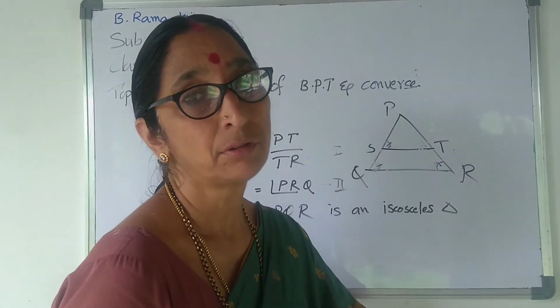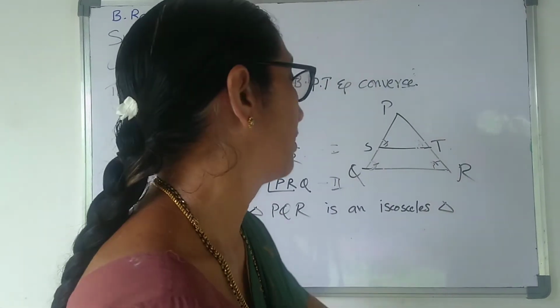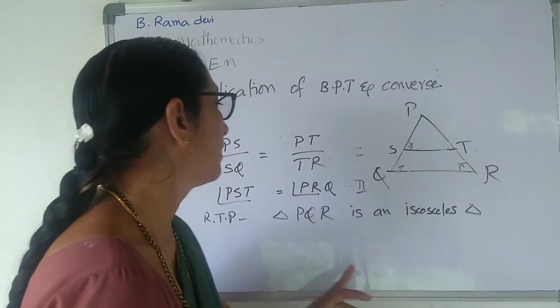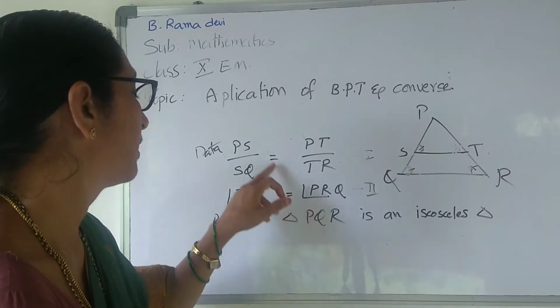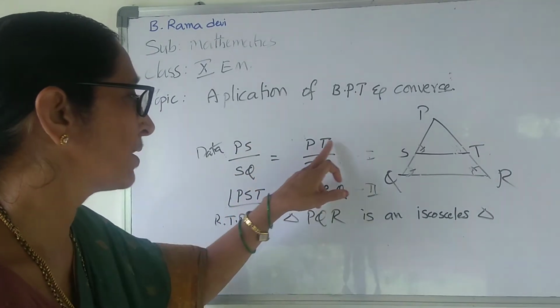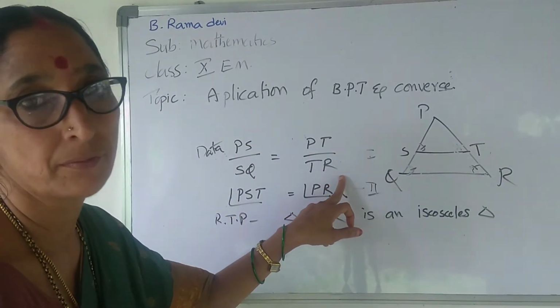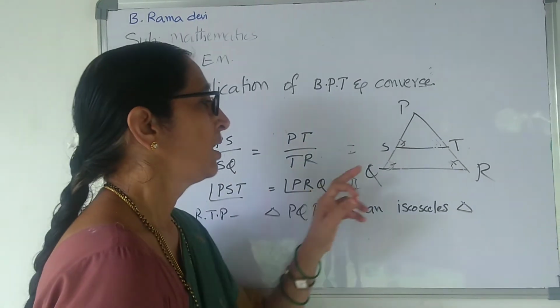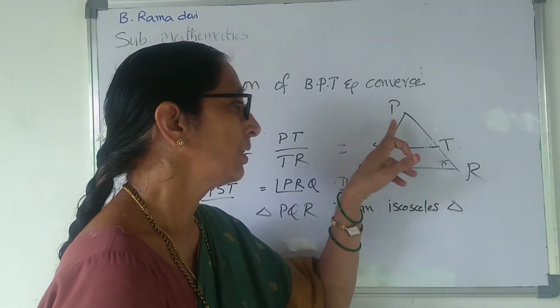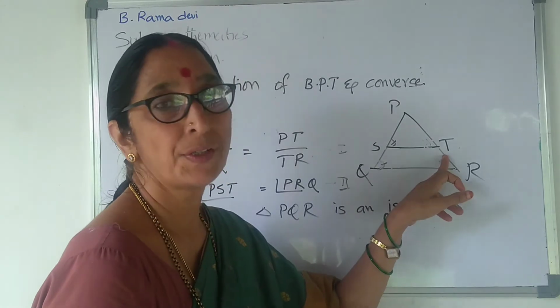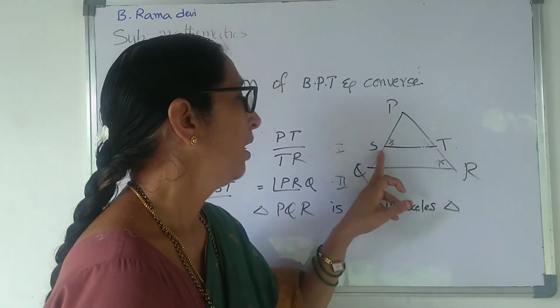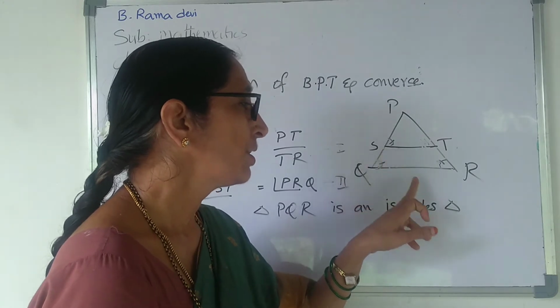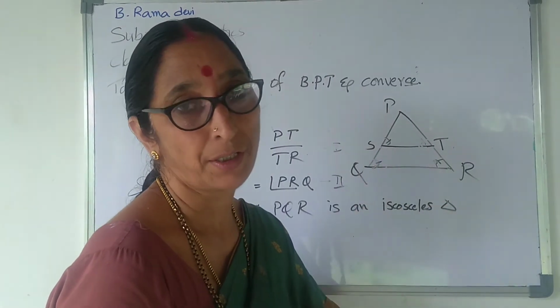According to the converse of BPT. Look at the data first point: PS by SQ is equal to PT by TR. So the line ST divides the two sides in the same ratio, so the line ST is parallel to the third side.